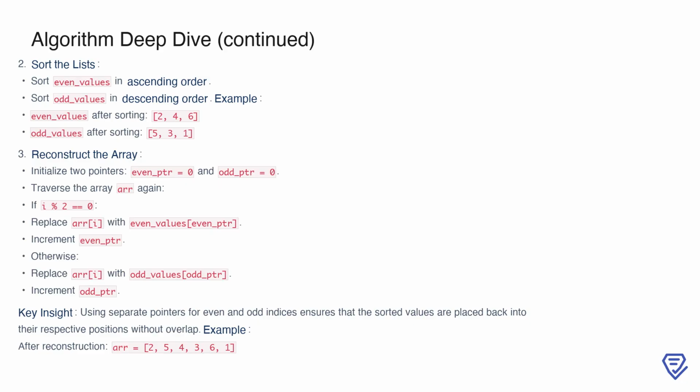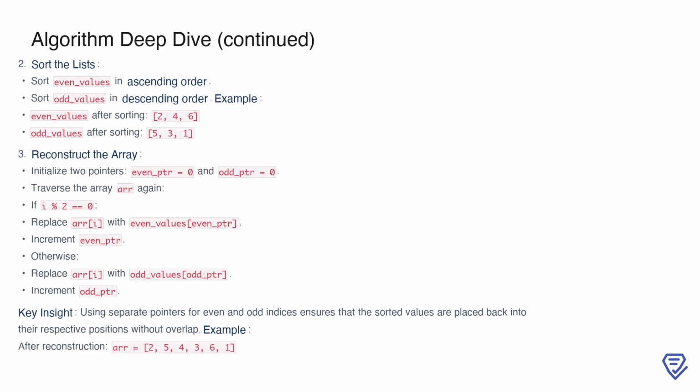Once the values are sorted, we move on to reconstructing the original array. Here, we use two pointers, even_ptr and odd_ptr, both initialized to 0. As we iterate through the array again, we check each index. If the index is even, we replace the current value with the next value from even_values using even_ptr, and then increment the pointer.